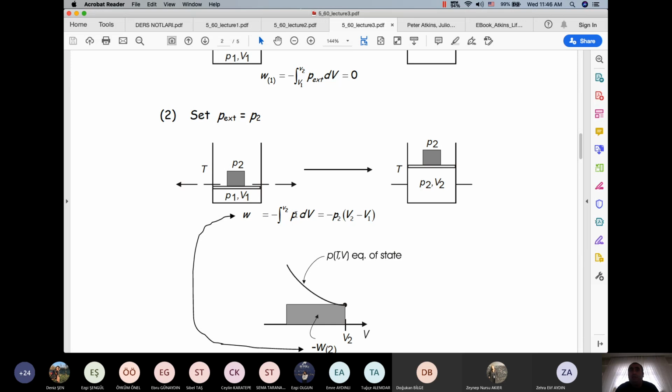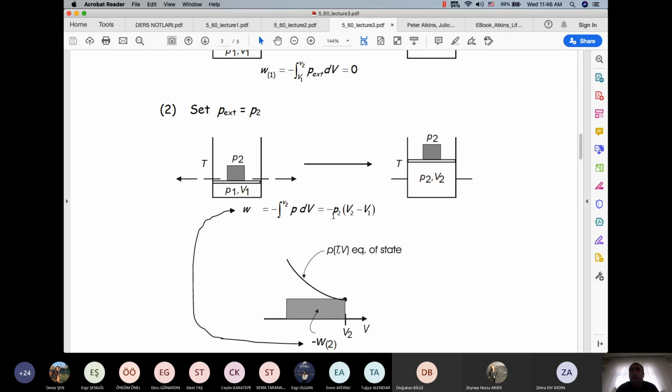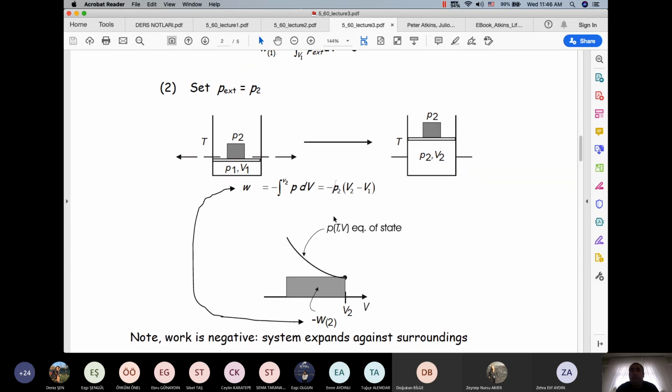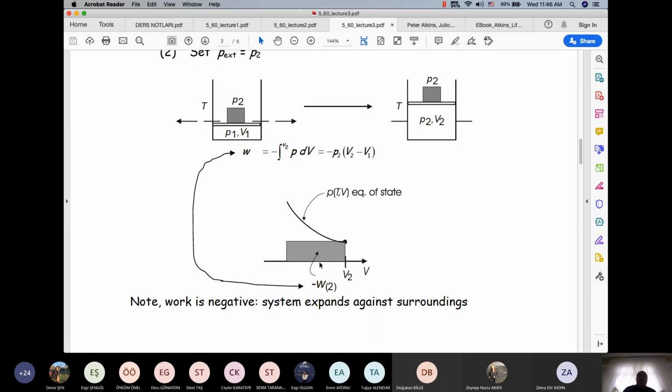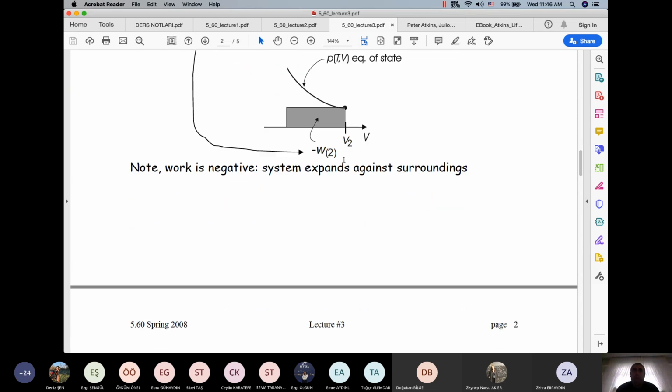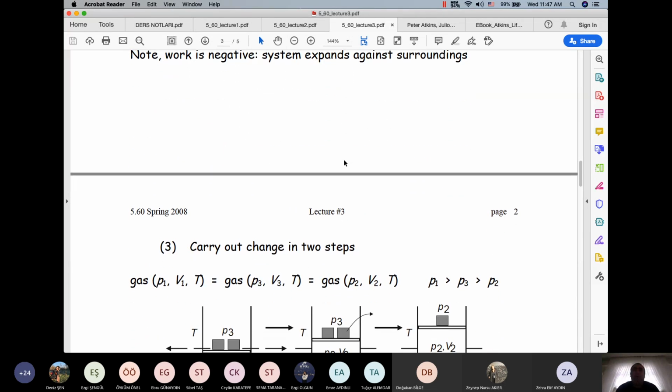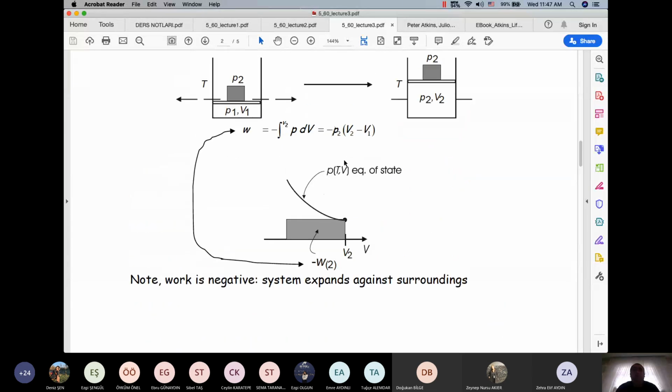This P external is actually P2, right? And that's why the work produced by this operation is P2 times (V2 minus V1). Okay, so since the system expands against the surroundings, the system is losing work, and we put a negative sign. It is a negative work. Okay, so this is very important.